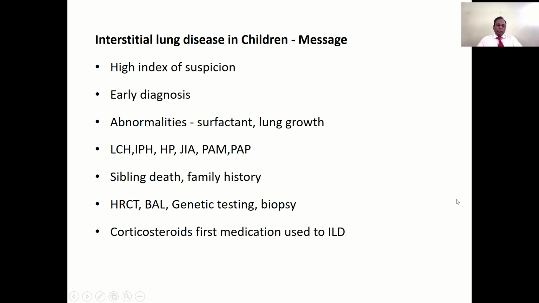And in childhood, the one drug that is a miracle in treating ILD is the corticosteroids. These children should benefit with corticosteroids at the stipulated dose, and after some time it has to be stopped, and you have to follow this child with a very minimal dose for a long time.